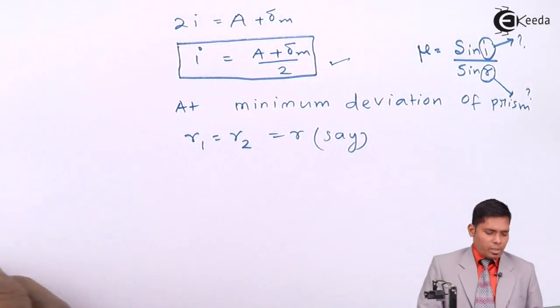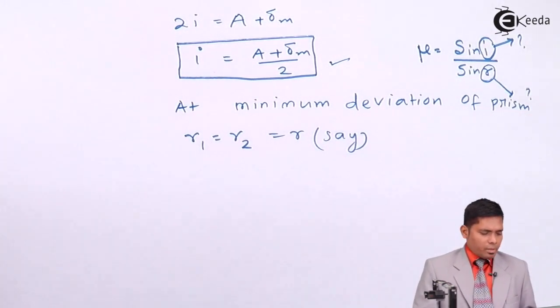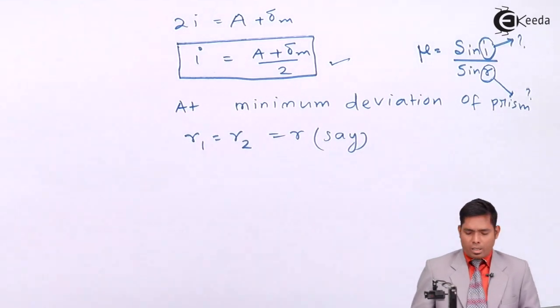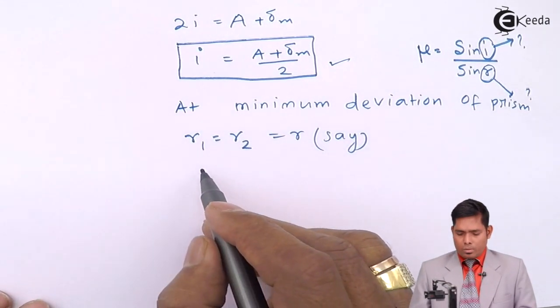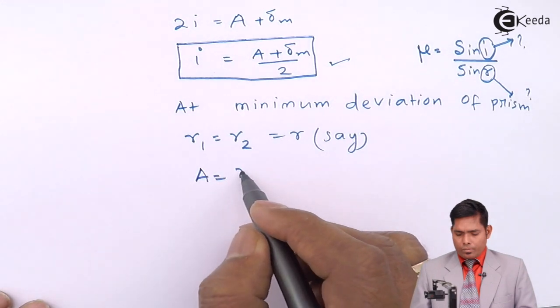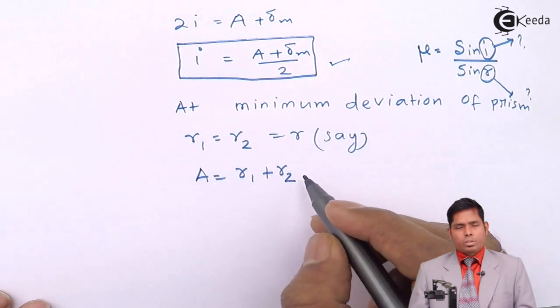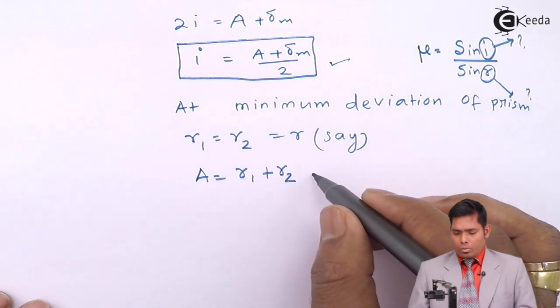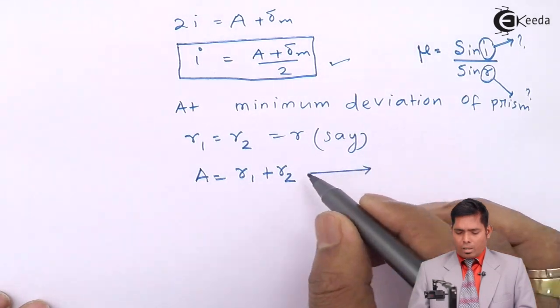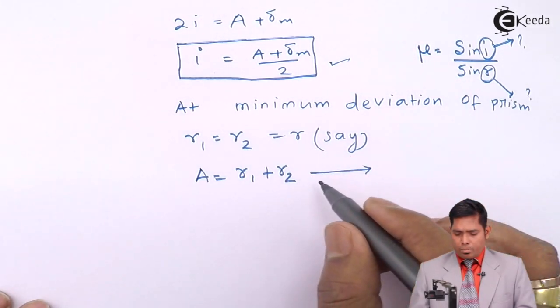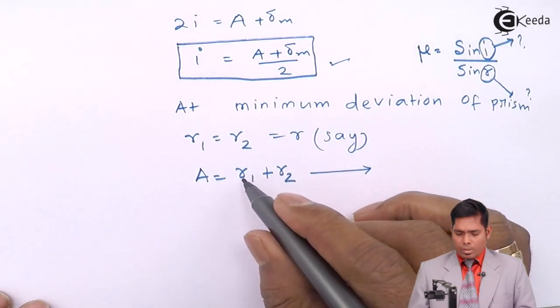One equation that we have derived earlier is equation number 4: we know that A equals R1 plus R2. From here, R1 and R2 are R, so I'll substitute this here.